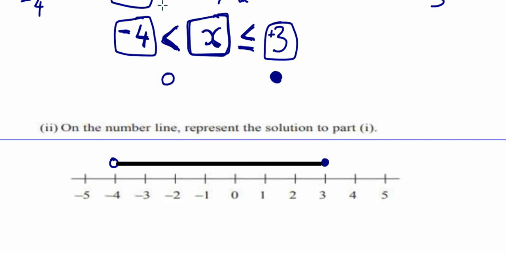So this means you are talking about all those numbers which are between negative 4 and positive 3. These are the numbers from negative 4, open circle because of this, and on positive 3, closed circle because of this, less or equal to.